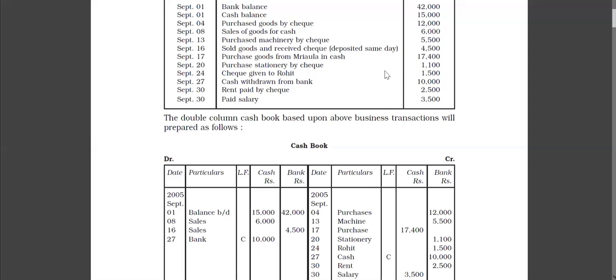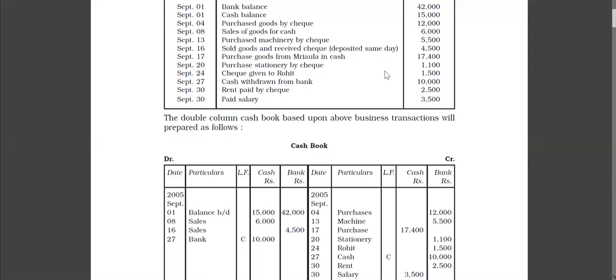Purchased stationery by check 1,100. Stationery account debit to bank. Here bank is credit side. You place it in the credit bank column 1,100 and write by stationery.